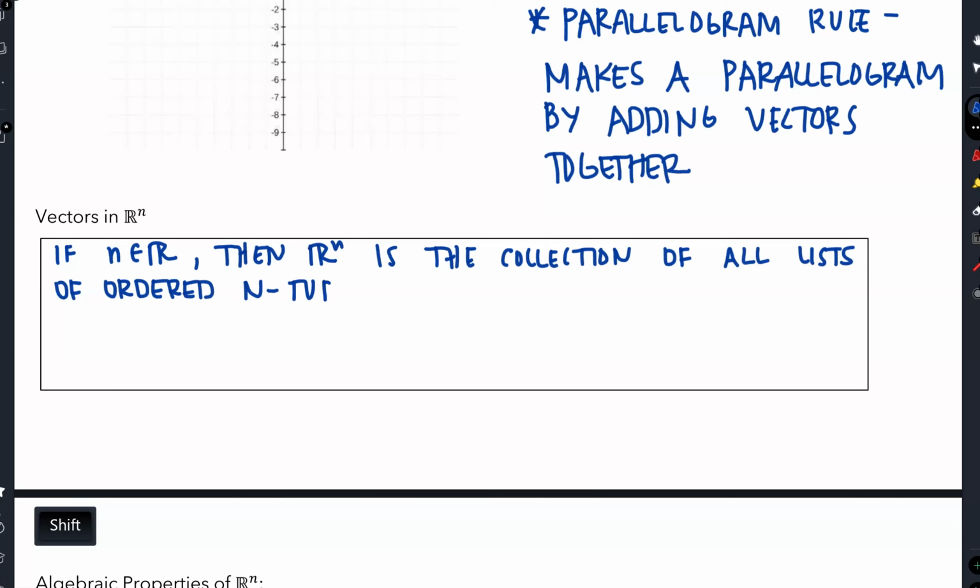So if it was R3, then it would be triples, of n real numbers written as a column vector.